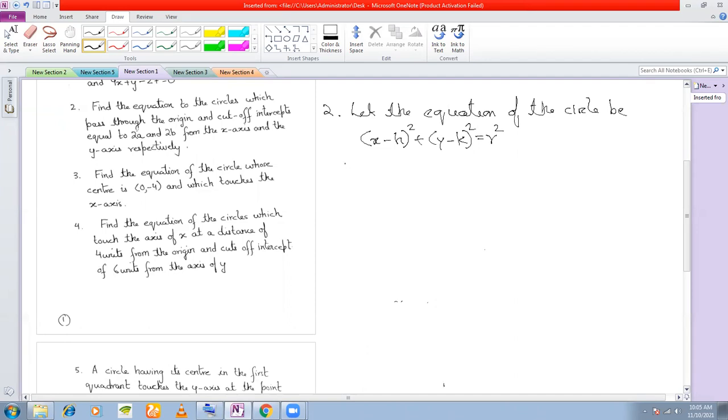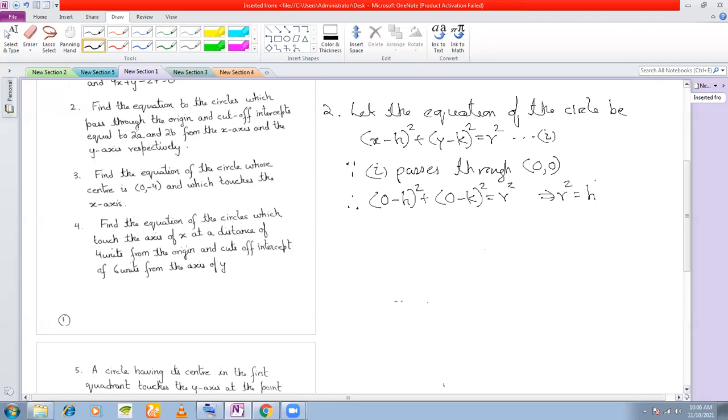Now this circle passes through the origin. Let's call this 1. Since 1 passes through the origin, put x is equal to 0 and y is equal to 0. That means you get r square is equal to h square plus k square.